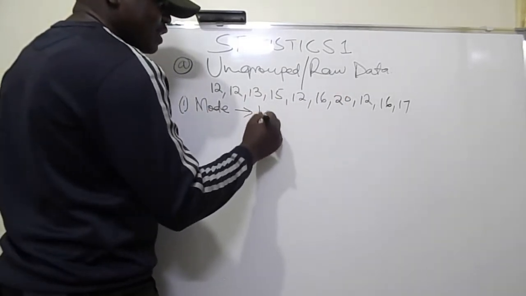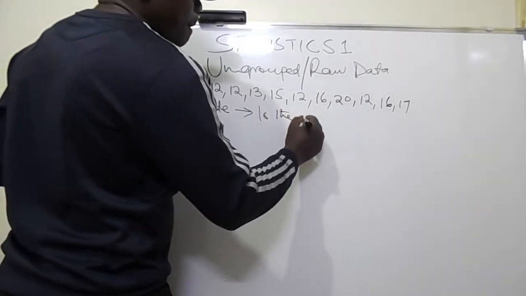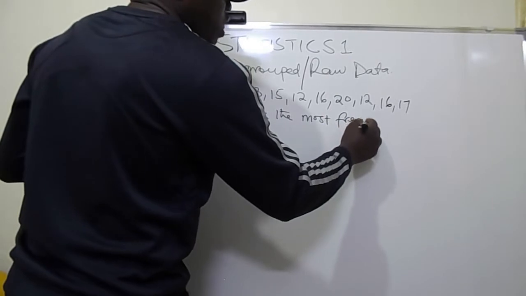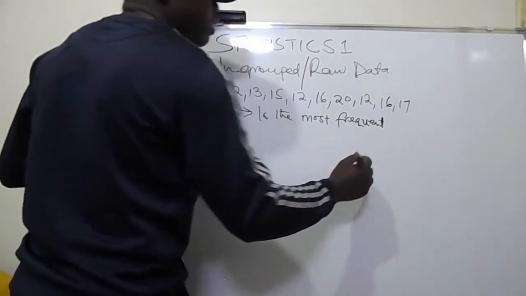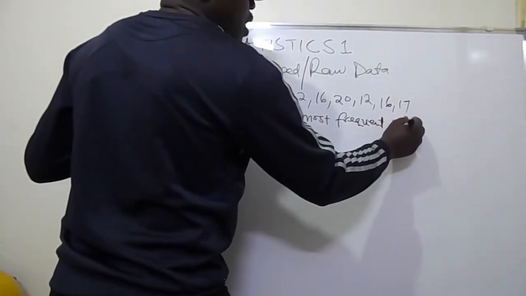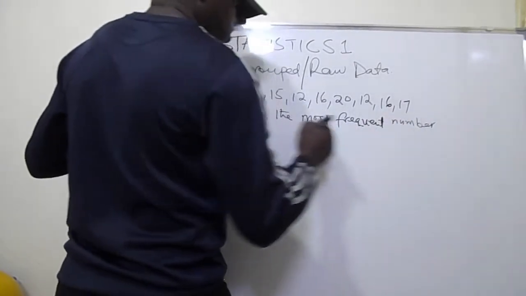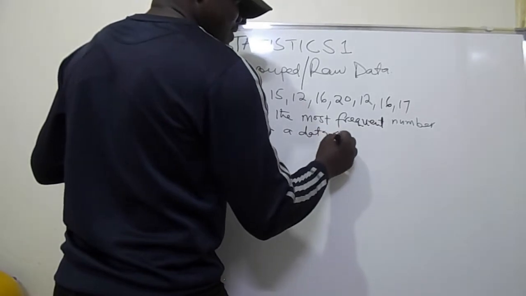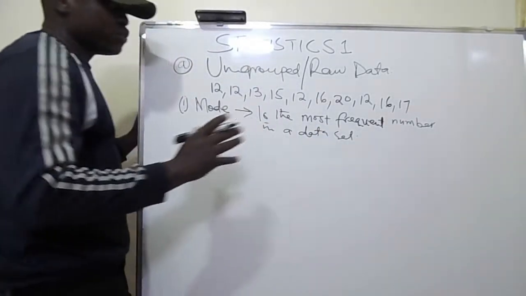The mode is the most frequent number in a data set. That is what the mode is.